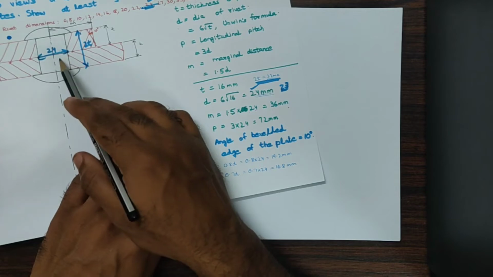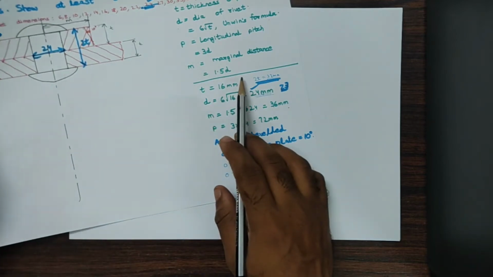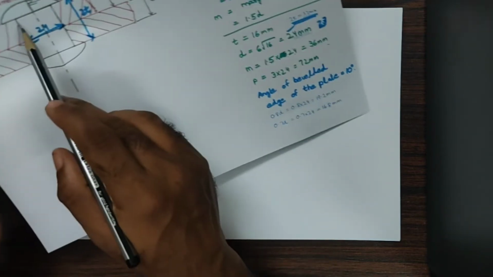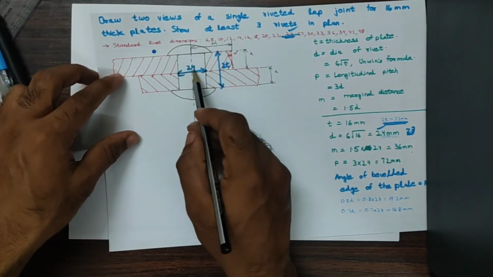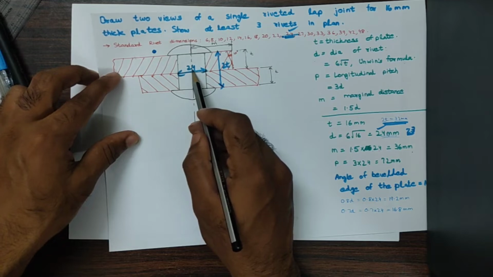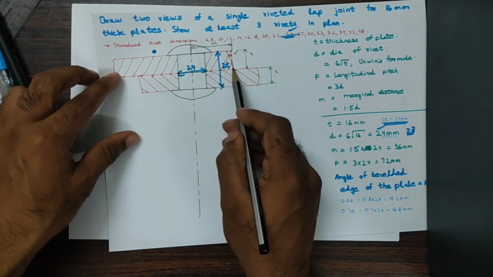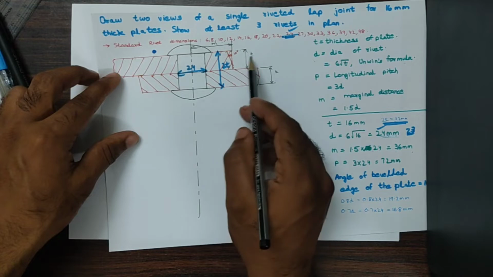Now I have to draw the plate portion. If you look at the plate, you can see that the distance between the center of rivet and the edge of the plate is the marginal distance m.